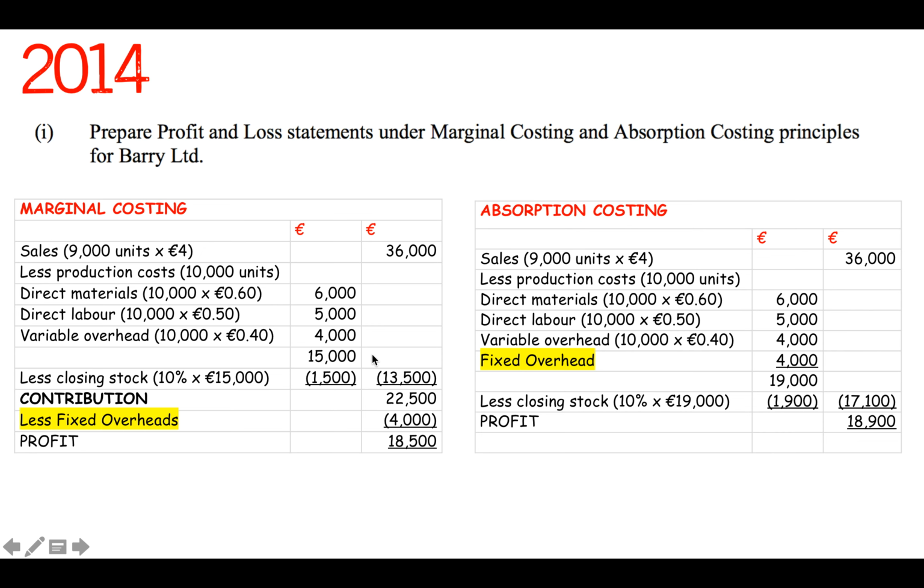Over here it was 10% of the 15,000 because fixed costs weren't included in that. So the closing stock is valued more here because the fixed costs have been incorporated into it. So there you're going to get 17,100 as your cost of sales, and then your profit is 18,900. So they are your profit and loss statements under marginal costing and absorption costing principles for Barry Limited.